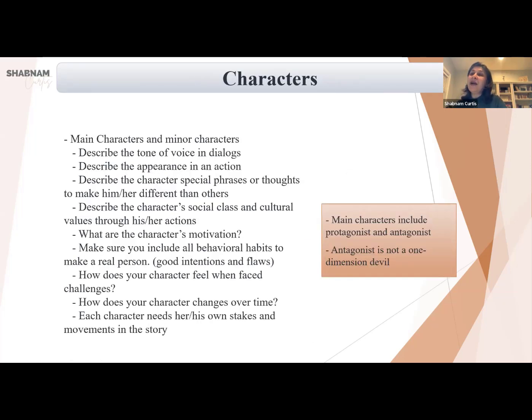Characters. We have the main character, the protagonist, using all these literary terms, right, in a storytelling structure. So the main character, the protagonist, and then there are other characters. You are writing about a trip that you've done, and there are so many people that have played different roles in your travel.